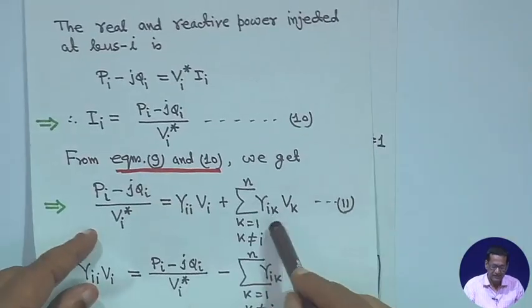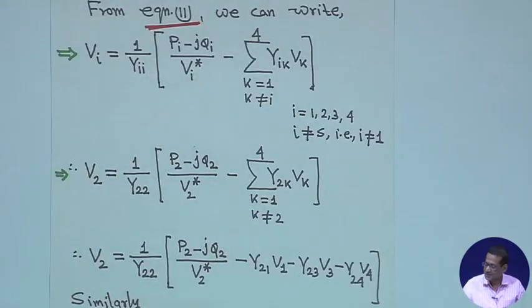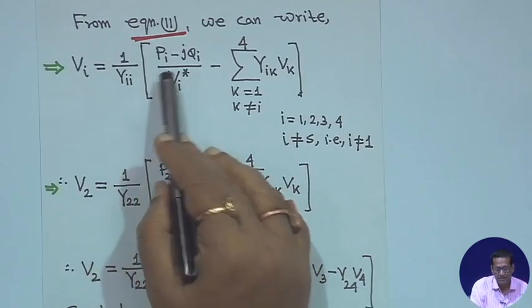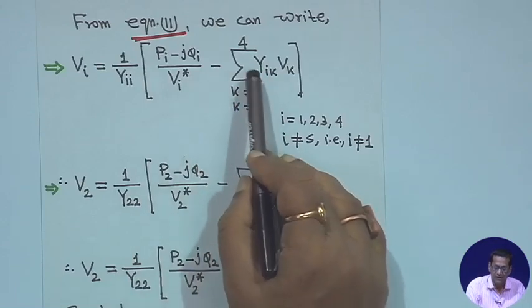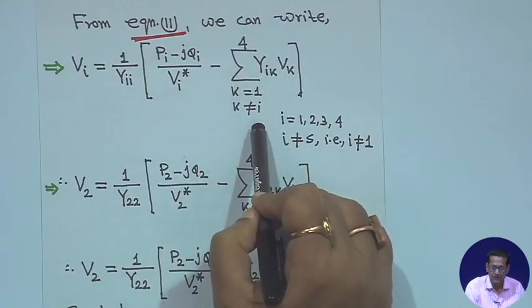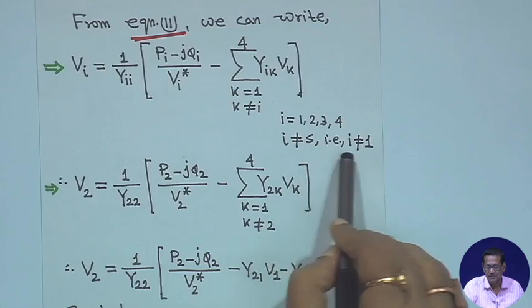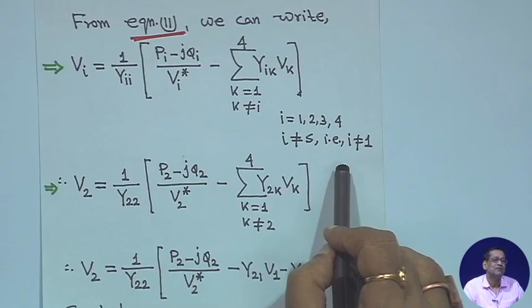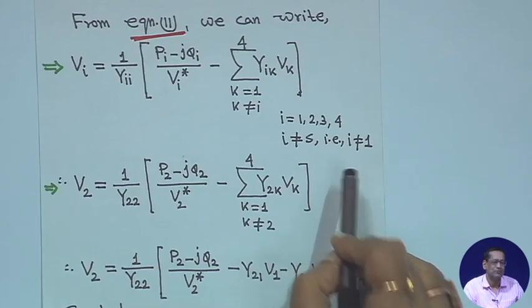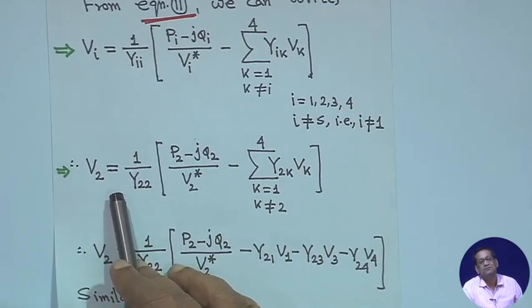V_i is equal to 1 upon capital Y_ii, in brackets, (P_i minus jQ_i) upon V_i conjugate, minus the sum of Y_ik V_k, k is equal to 1 to 4, but k not equal to i, with i equal to 1, 2, 3, 4, but i not equal to the slack bus, that is i not equal to 1, because the slack bus voltage, both magnitude and angle, is known to you. So, V_1 is not required.